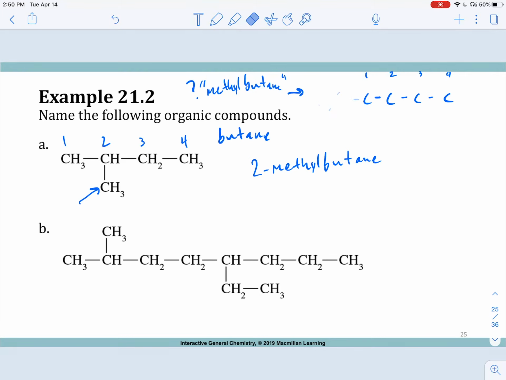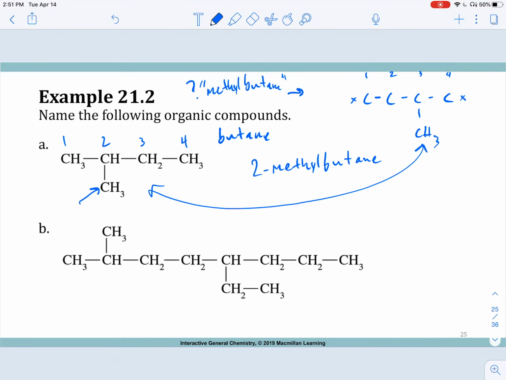Can't be at that position. So what are my other options? I can't put it here or here because that would extend it into a 5 chain. So that means I need to put it here or here. Notice putting it there or there makes the same compound. If I put it here at the 3 position, notice these 2 compounds are just flipped.